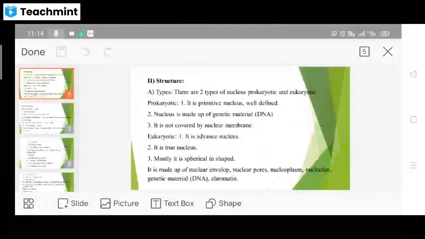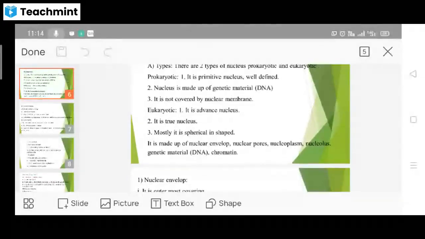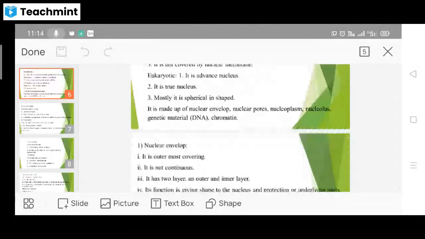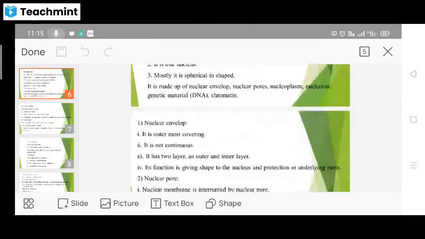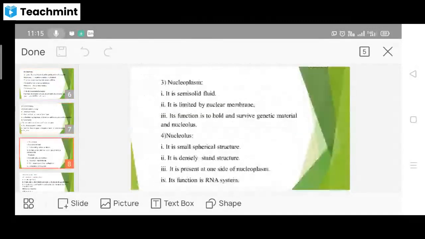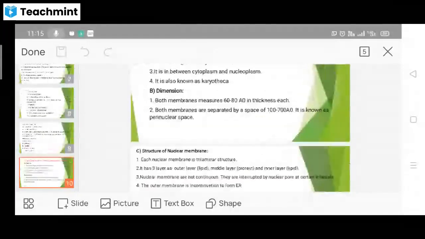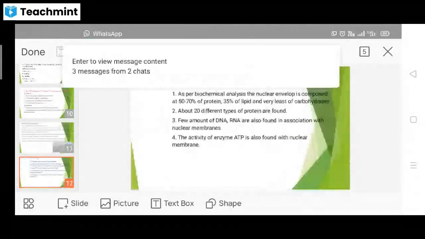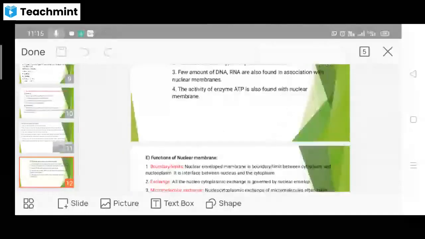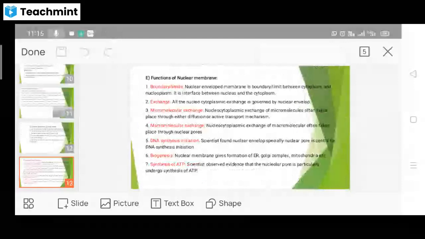That is nuclear envelope, nuclear pores, nucleoplasm, nucleolus, genetic material and chromatin. Last lecture I discussed the nuclear envelope, which is also called the nuclear membrane. So today we start the next one, that is the nuclear pore.